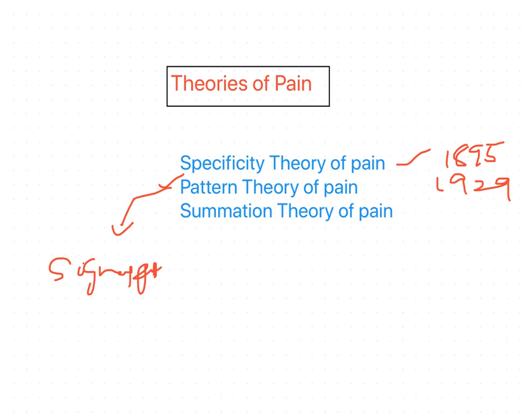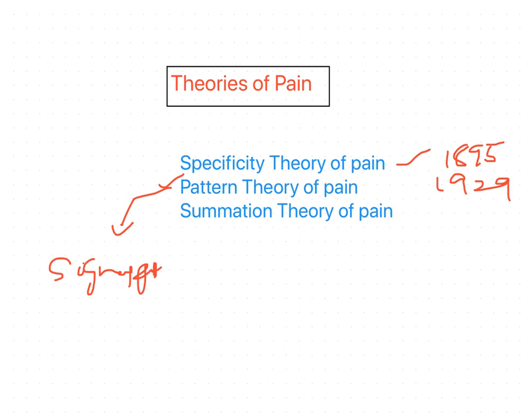So the pressure applied and also the time involved for that sensation is one type of pattern. That pattern is recognized by the brain and perceived as a pinprick. Like that, the pattern theory of pain was explained.